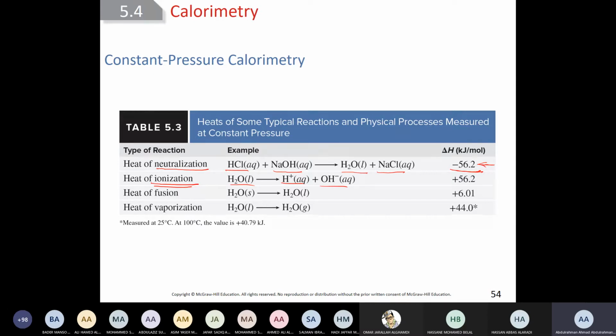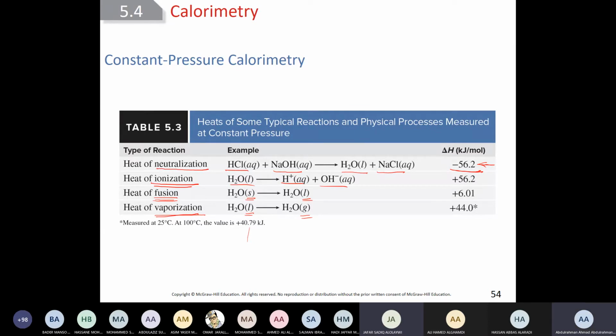What's the heat of fusion? Changing the physical state from solid to liquid. What's the heat of vaporization? Changing the state from liquid to gas.